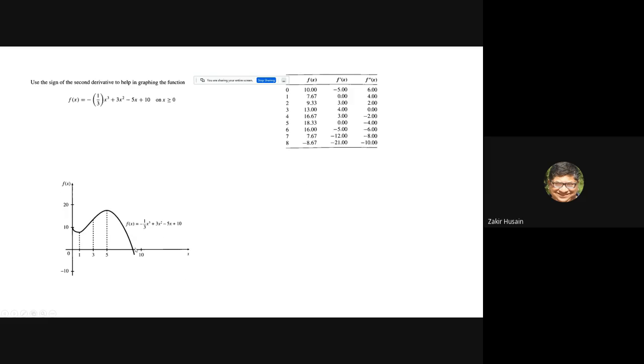See, in the initial part, it is convex, then it is concave. Okay. Now work this out yourself.